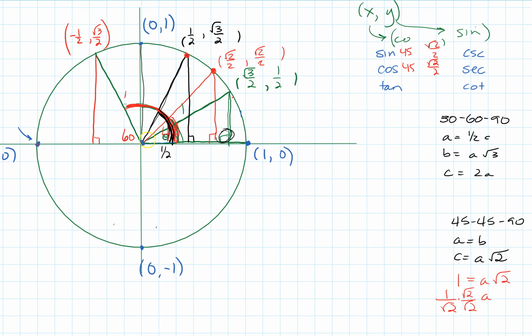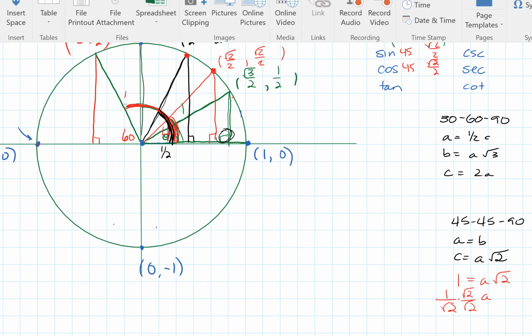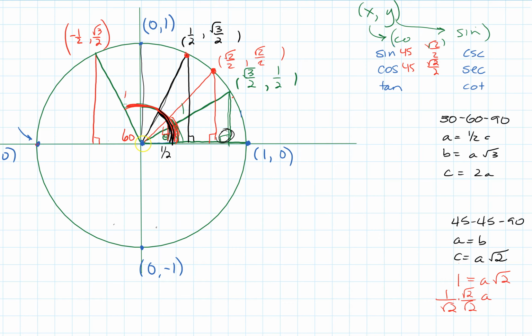So what if you wanted a 135 degree angle? If I make a 135 degree angle, then I have 90 and 45. And you're going to use this reference angle right here of 45 degrees. So you know the hypotenuse is 1. And so these each have to be √2/2 for the length. But the x is going in the negative direction, so the cosine is negative.